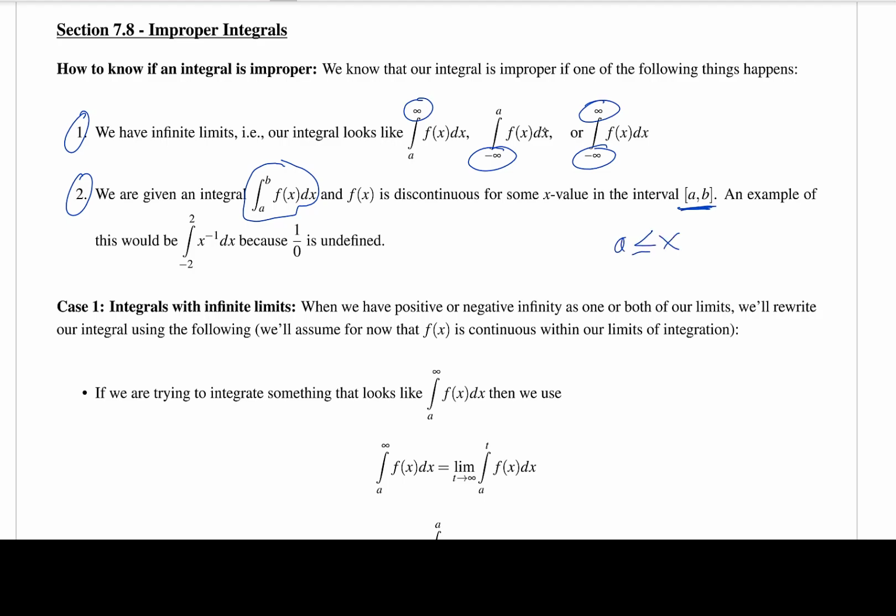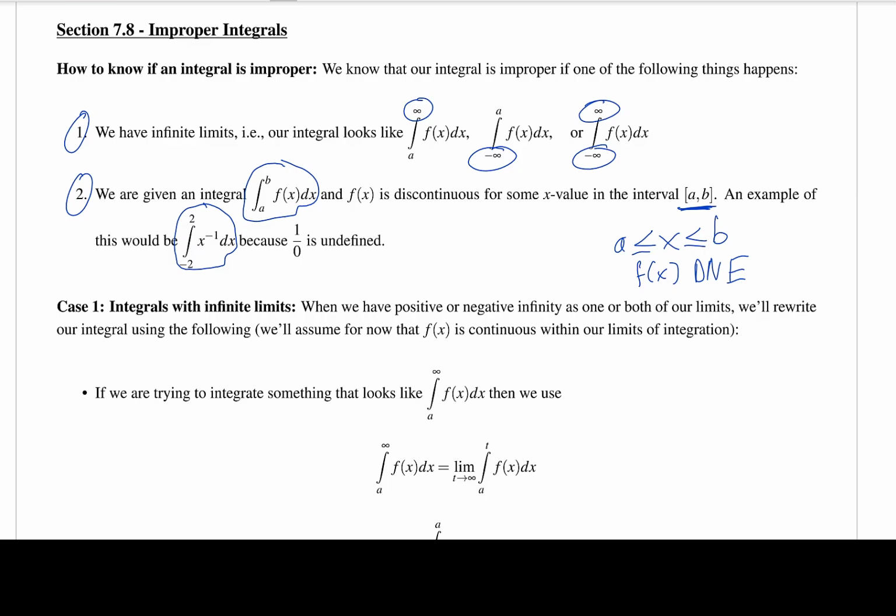So x is greater than or equal to a, less than or equal to b. There's some x value in here such that f of x does not exist. An example of this would be something like the integral from negative 2 to 2 of x inverse dx, and that's because 1 over 0 is undefined.